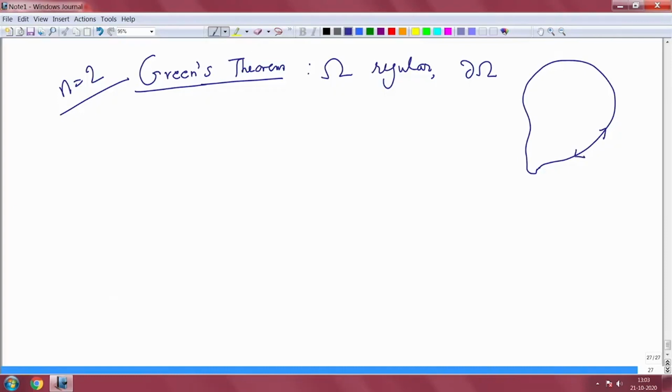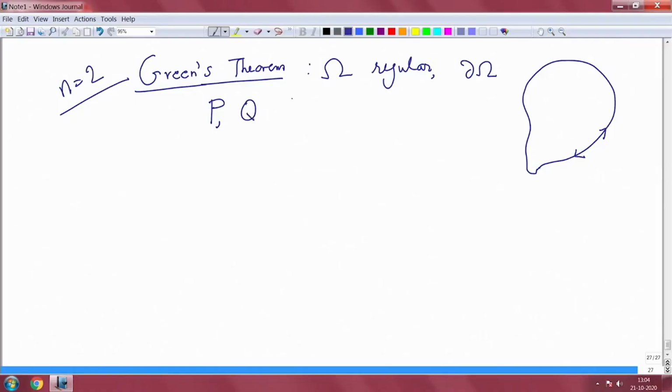When you write a theorem, you have to realize which direction you are taking. For Green's theorem, I am assuming that I am moving along the curve in such a way that my domain comes on the left side. That is very important. This notion of left is one you understand well for n equals 2.